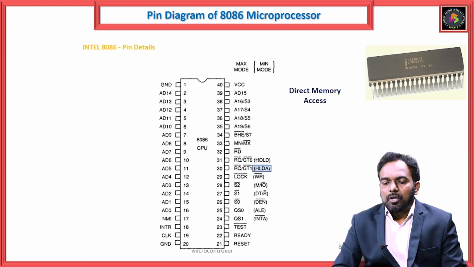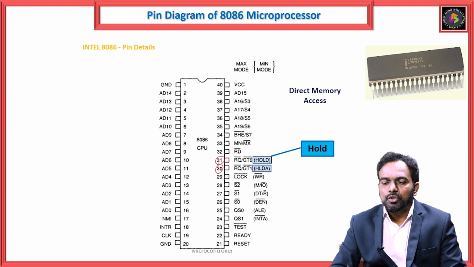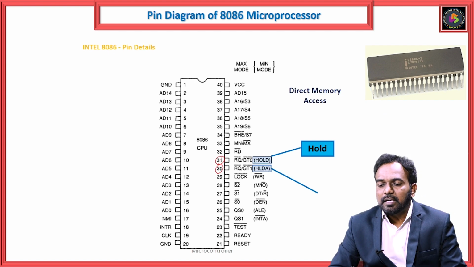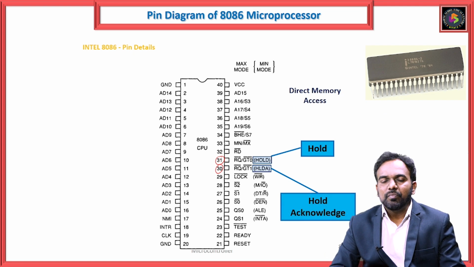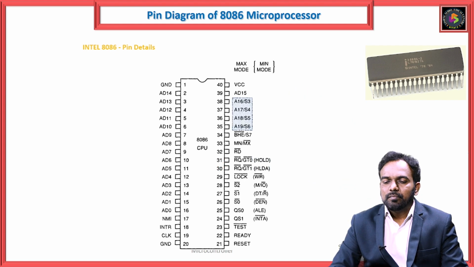To perform that, there are 2 pins available, pin 30 and pin 31. These 2 pins are for direct memory access, in short form DMA. Pin 30 is the hold acknowledgement pin and pin 31 is the hold pin. These 2 pins are usually used for the DMA operation.